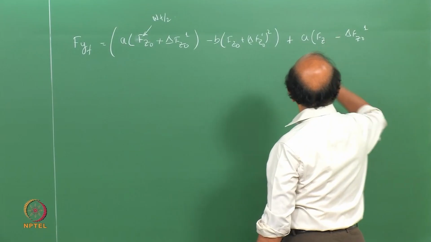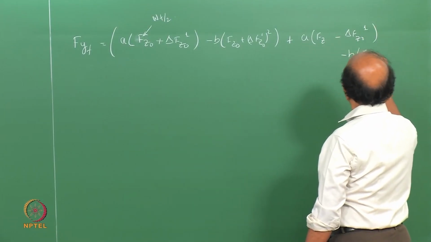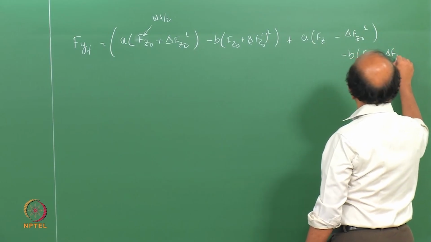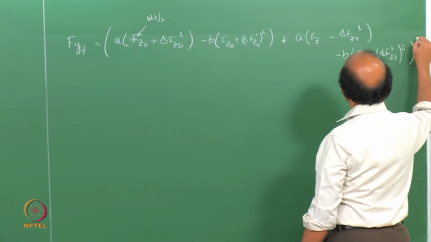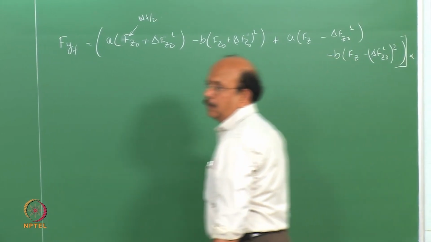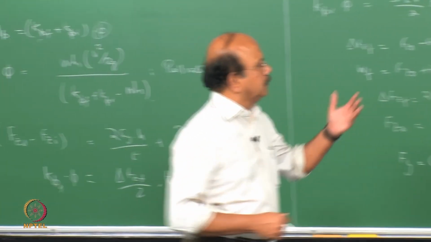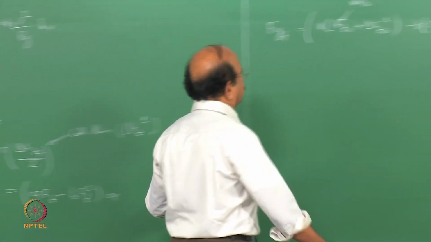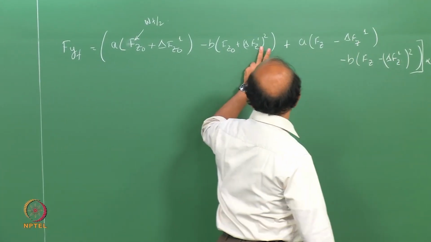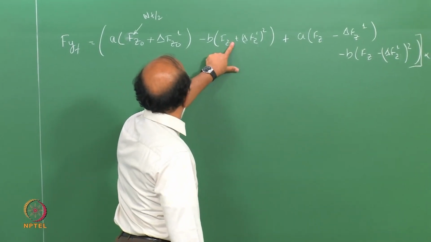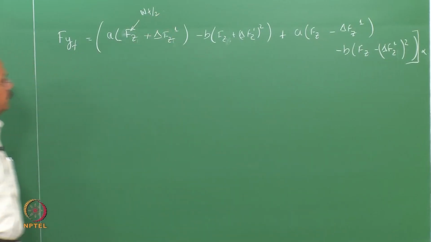So I would say A into Fz minus delta Fz outer 1, minus B into Fz minus delta Fz outer 1 whole square, into alpha. If you do not want to put this as outer, you can just remove it and say that it is Fz. It doesn't matter, that's also fine, because Fz outer is nothing but Wf by 2.